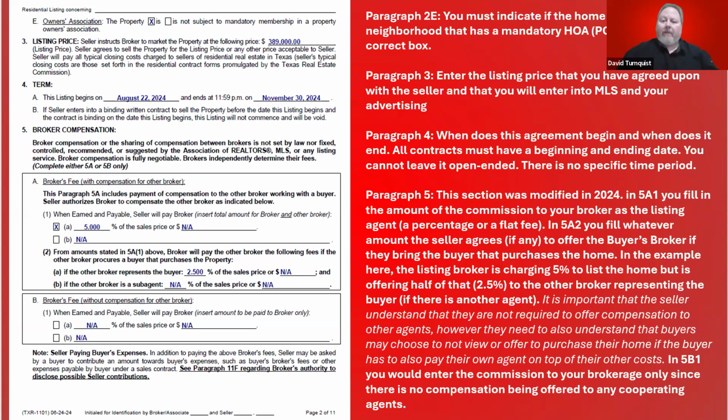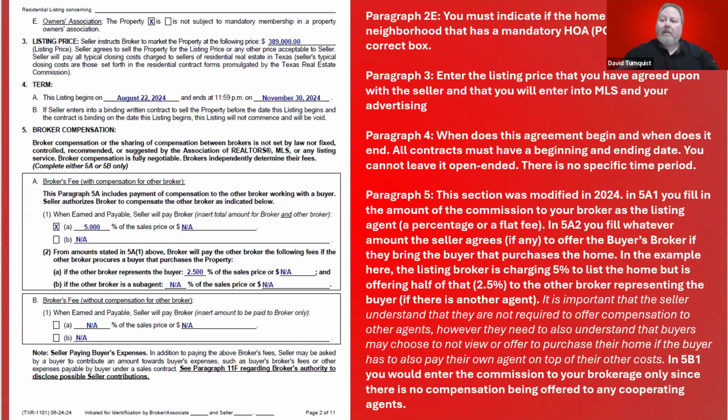Now, one caveat I do want to say here is just because the seller told me they didn't want to pay a buyer's agent up front, and the listing agreement doesn't have me paying or sharing any commission, doesn't mean that the seller can't change their mind later. Let's say we list the house and after 3 weeks, we've only had one showing.